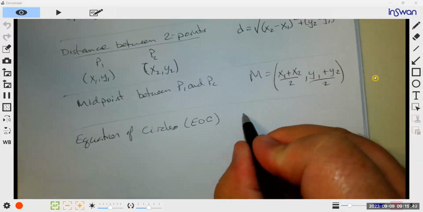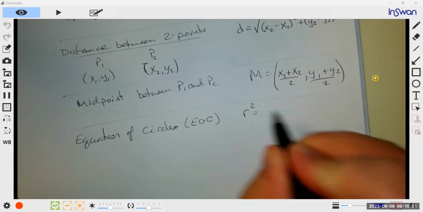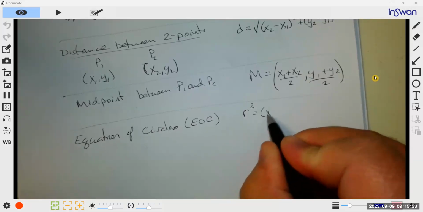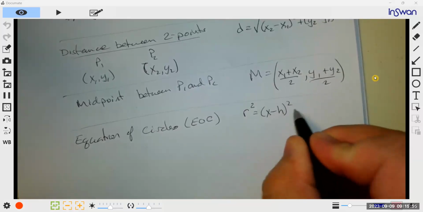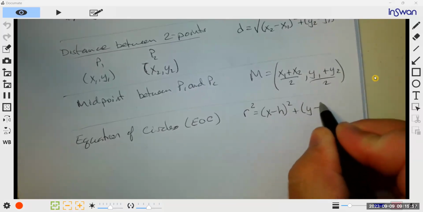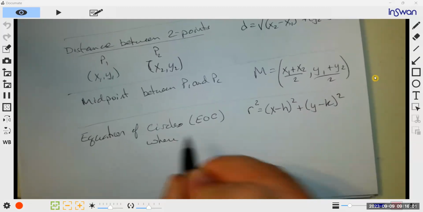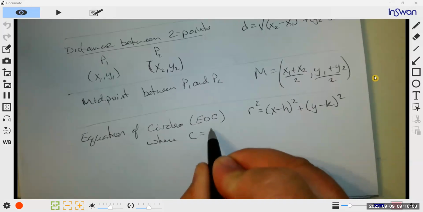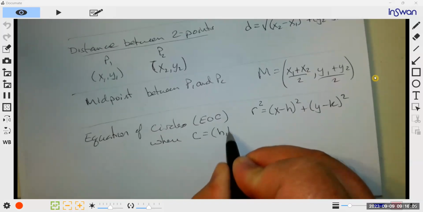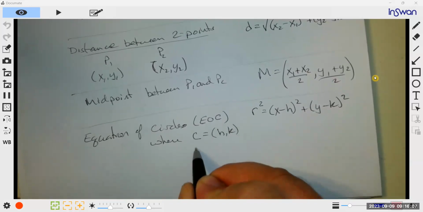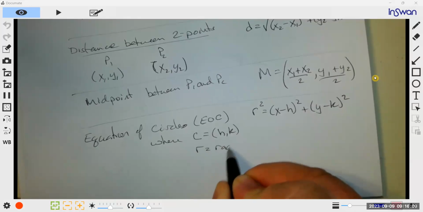In the equation of a circle, you have the radius squared equals x minus h squared plus y minus k squared, where the center is at the point h, k and r is the radius.